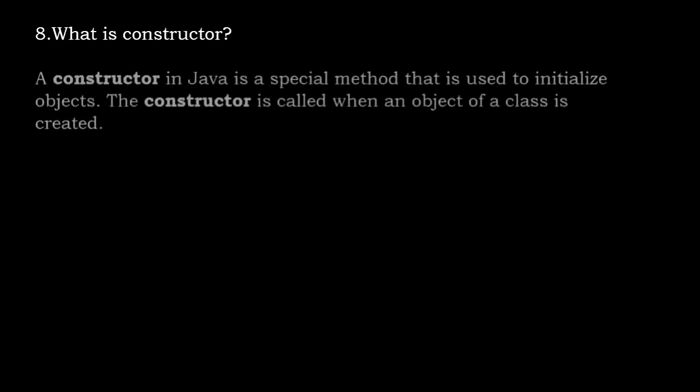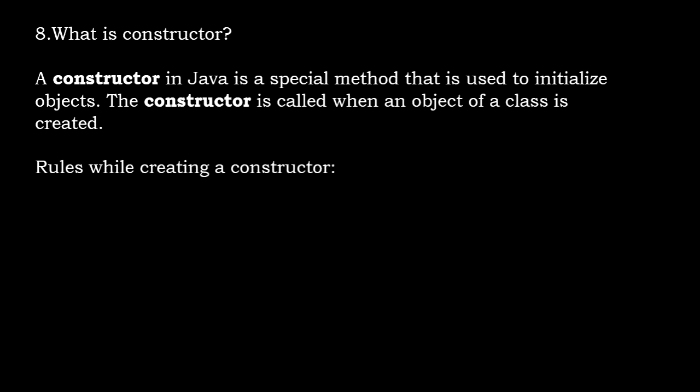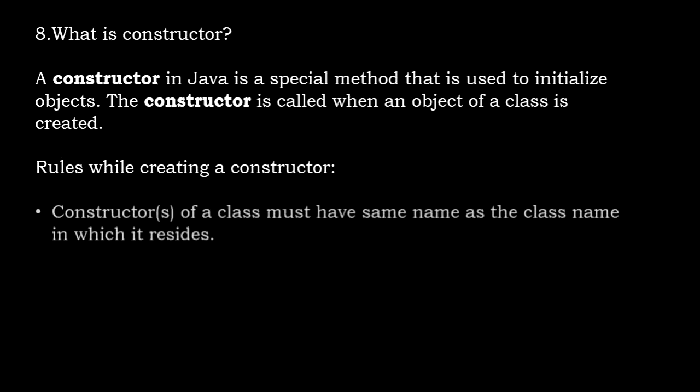What is a constructor? A constructor in Java is a special method that is used to initialize the object. The constructor is called when an object of the class is created. And here are some of the rules while creating a constructor.